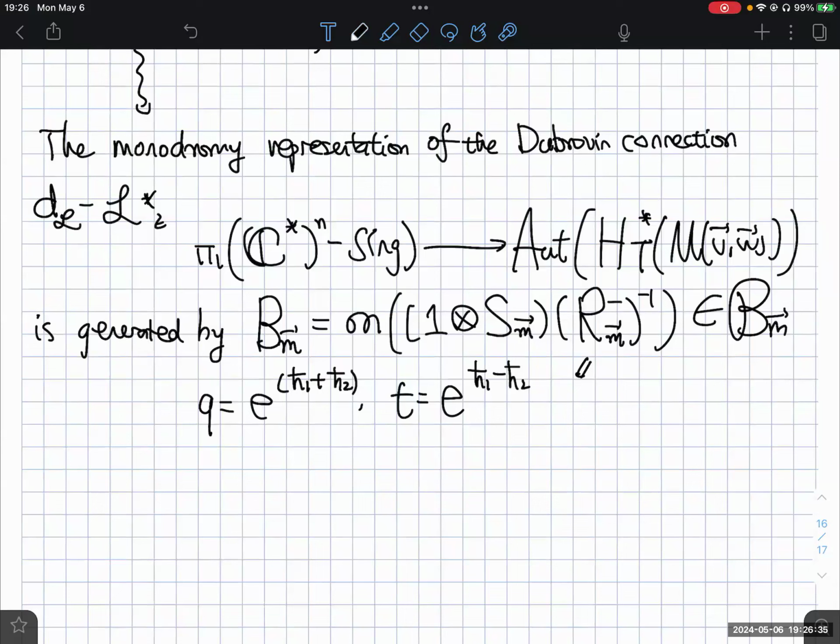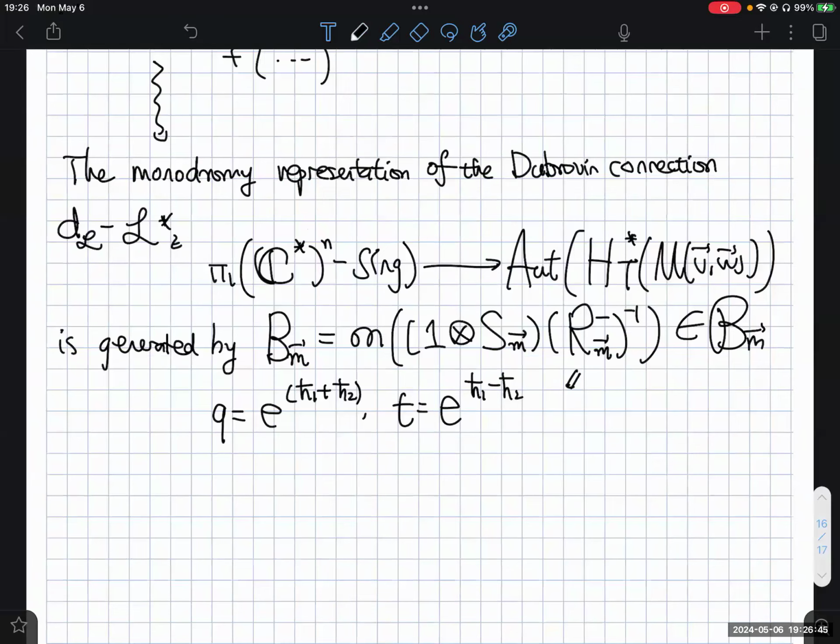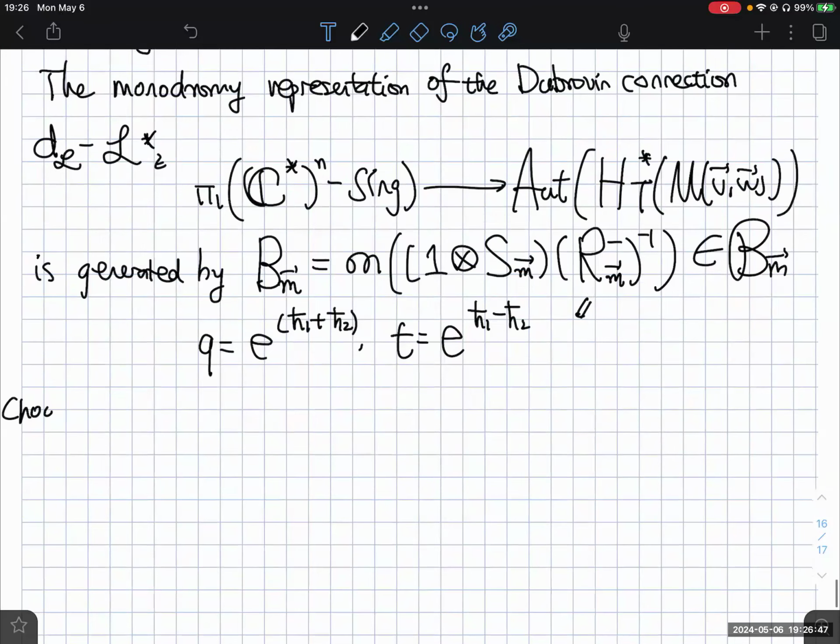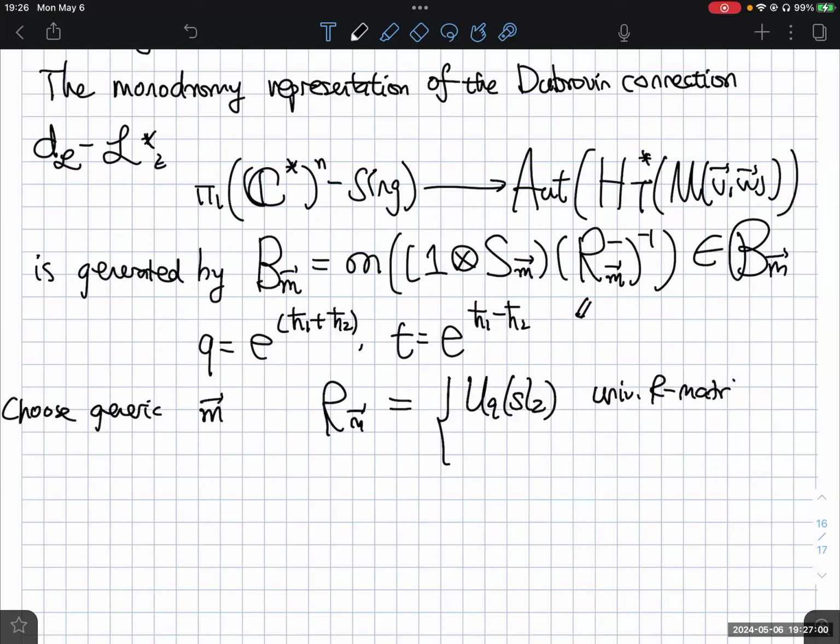In this way, this kind of monodromy operator is really computable, because if we choose generic n, this R_n has only two forms. One is the U_q(SO2) universal R matrix. Another is just the quantum Heisenberg universal R matrix.